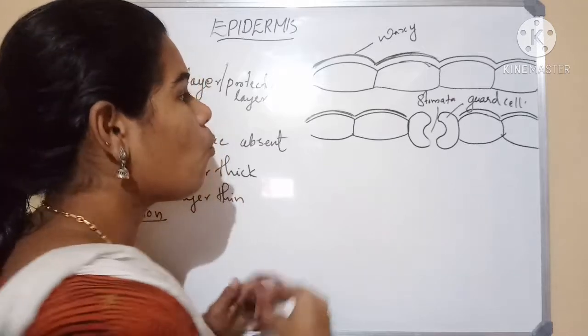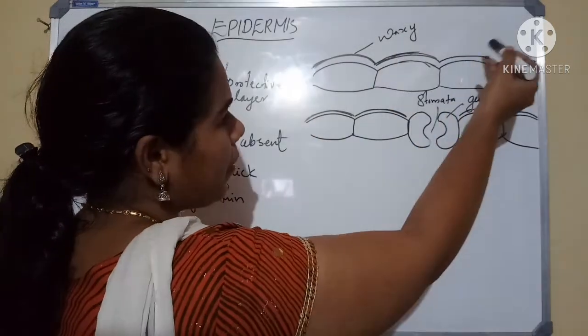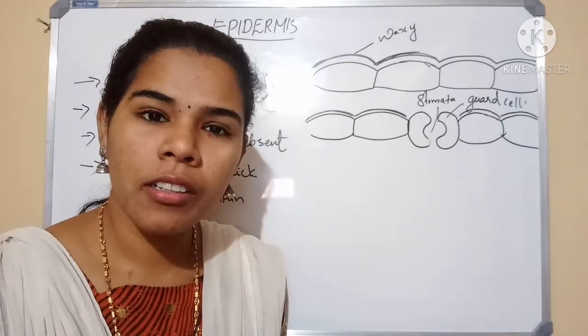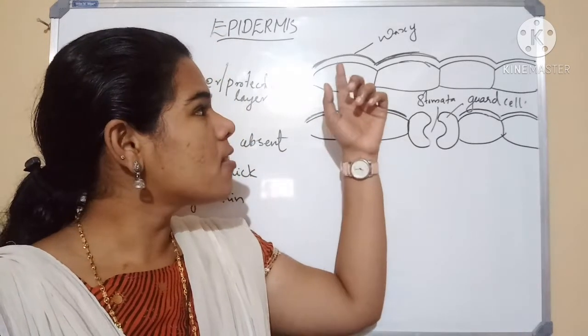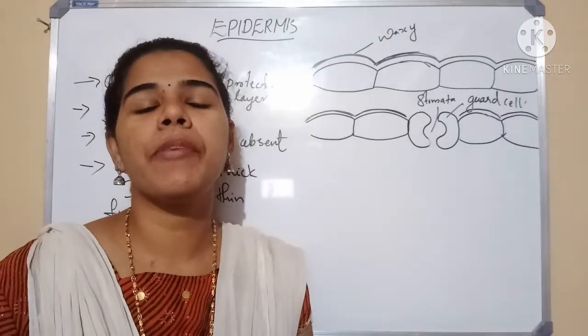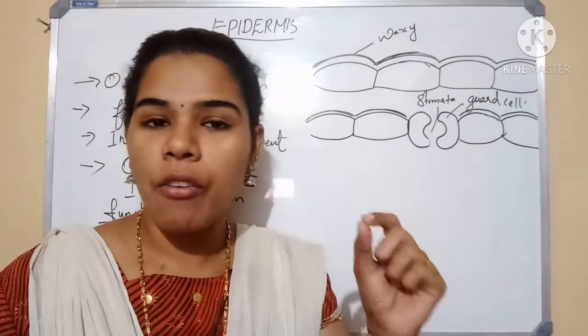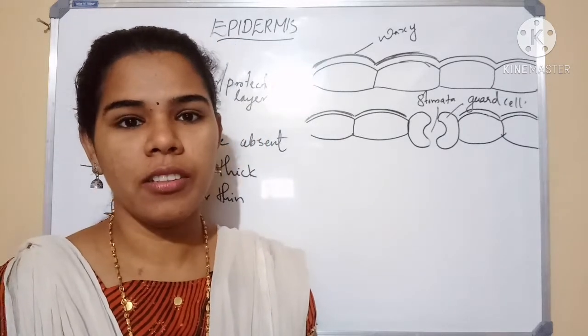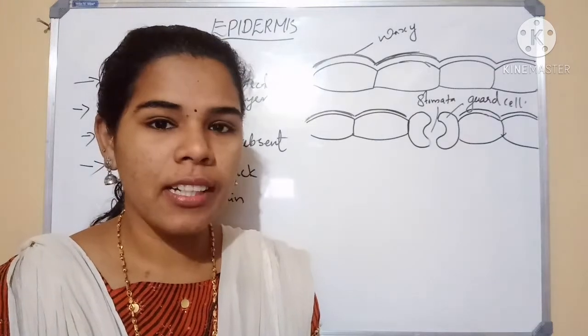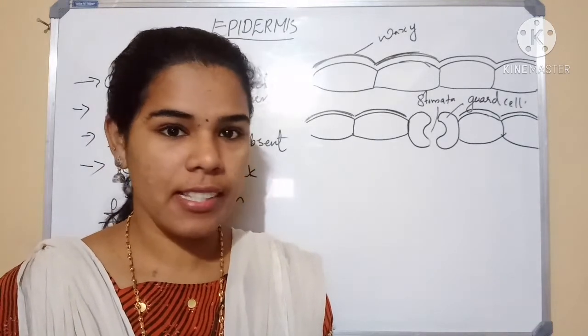So an additional waxy coating is present. Why is the outer layer of the epidermis covered by a waxy coating? It helps to reduce the loss of water, isn't it?